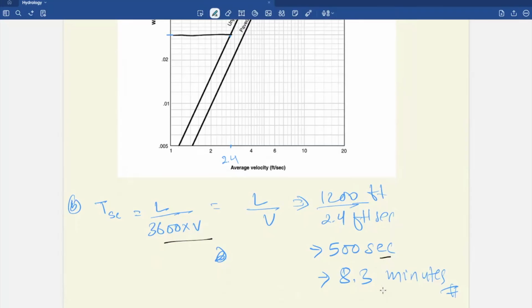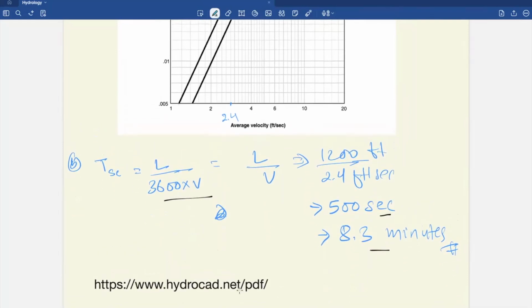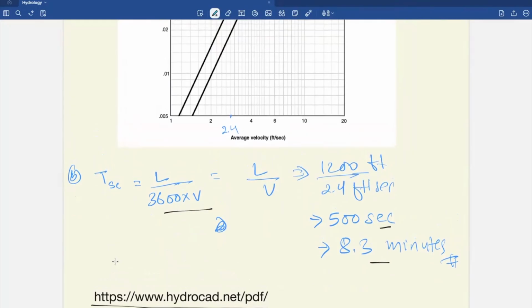When we convert that into minutes, it gives us 8.3 minutes. If you want to know more about this, you can go to this PDF from the internet as well.